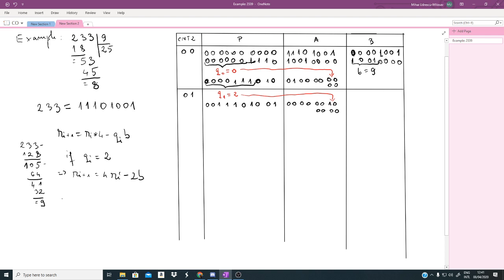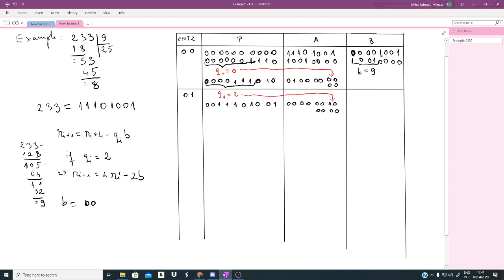Now, who is b? b is 1 on 9 bits, because on 10 bits actually, because p is on 10 bits. That's 0, 0, right?